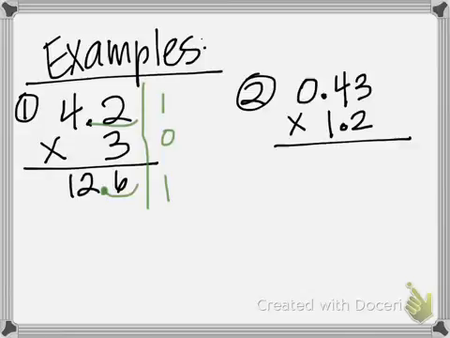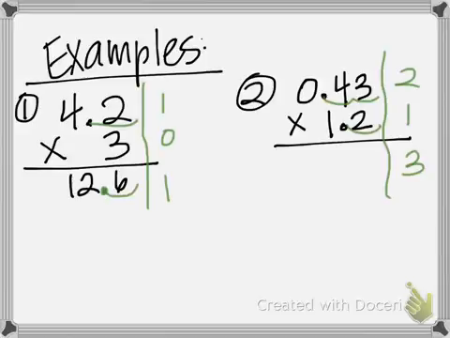Our next example is 0.43 times 1.2. We start with drawing our squiggly line, and we say the top factor has 2 decimal places, the bottom factor has 1. We combine those. Our answer will have 3 decimal places.